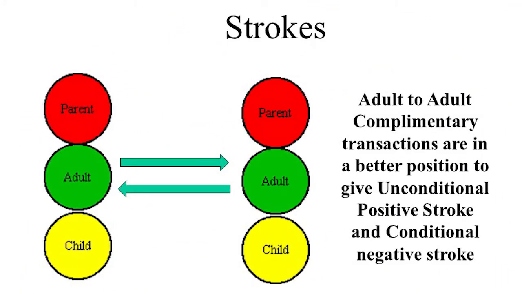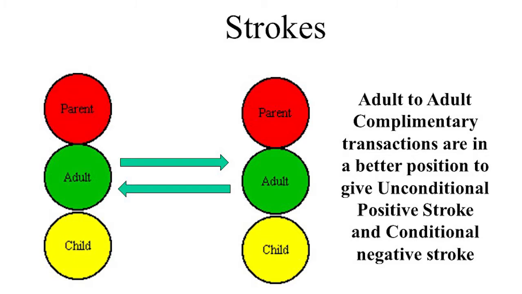Most of the period of time when we are communicating, when a rep is communicating with a customer, he generally lands up communicating from a contaminated space. So his either child ego state speaks or the parent ego state speaks, and he is not able to communicate right, and he lands up usually reacting to whatever the customer is saying, and these reactions over a period of time create a negative emotional bank account.